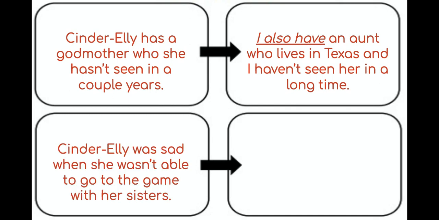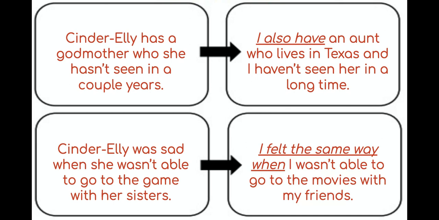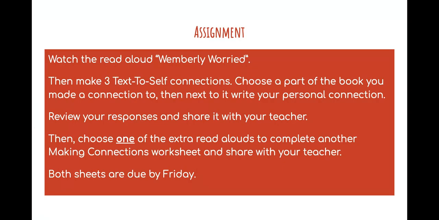Finally, I chose that Cinderella was sad when she wasn't able to go to the game with her sisters. I've been sad before too, and for that reason. I felt the same way when I wasn't able to go to the movies with my friends. A couple of friends were going to the movies, and I had another responsibility and I wasn't able to go, so I was sad. So these are connections that I've made between the book and my life.